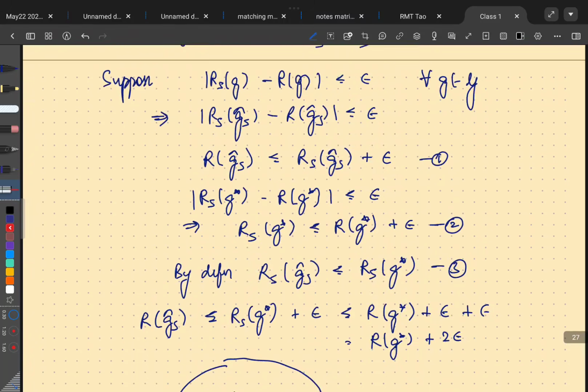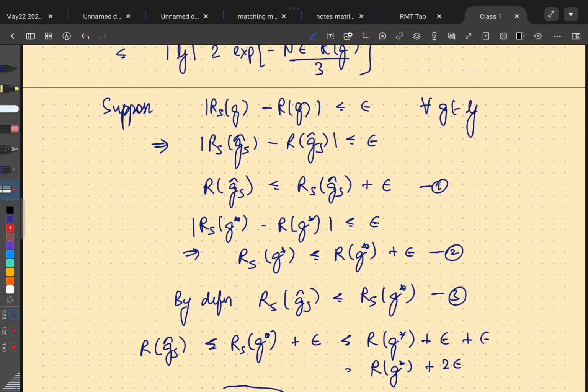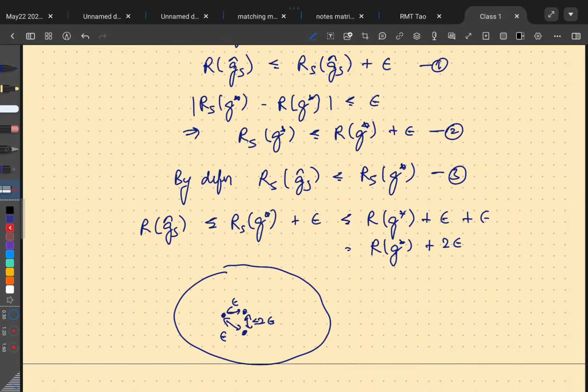So what this basically says is that, in fact, all of this part is kind of completely independent of what we did previously. If I have R S of G epsilon close to R of G for all G in the hypothesis class, then R of G S hat, the ERM, is going to be within 2 epsilon of R of G star.